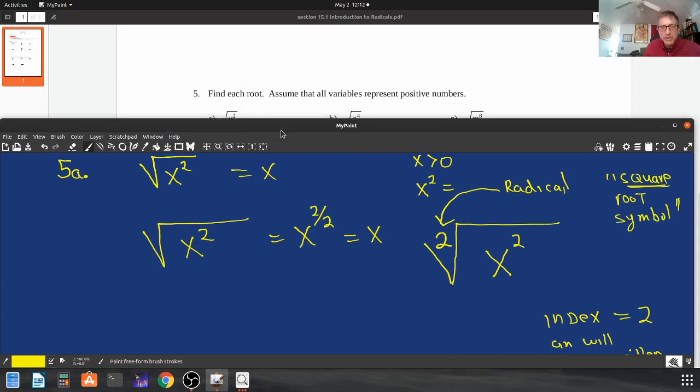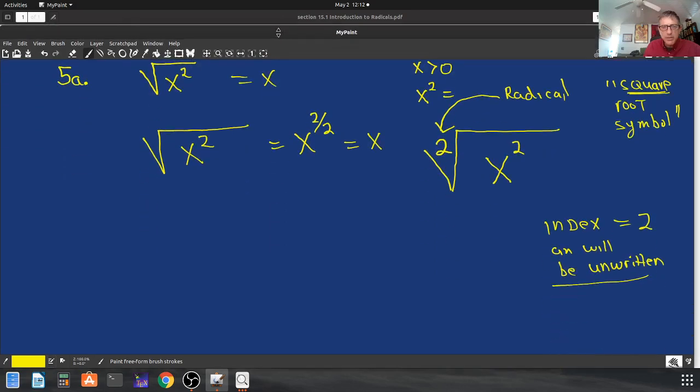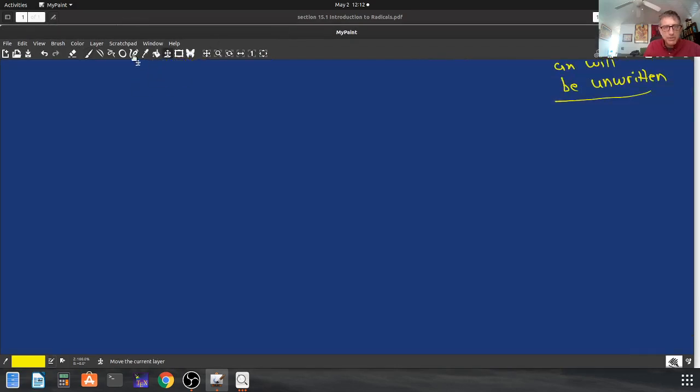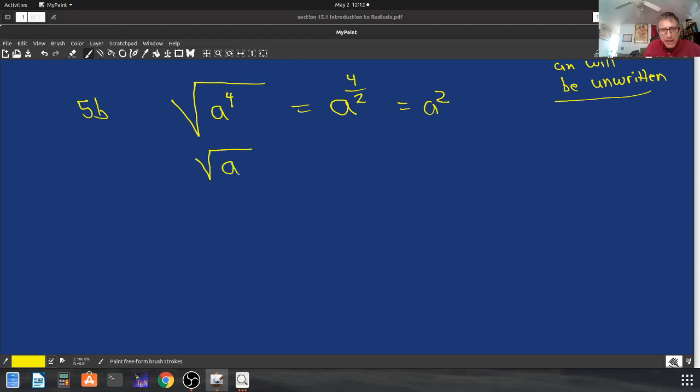The next one we want to do is a to the 4th. So we're going to use that rule. We want to find the square root of a to the 4th. Well, that's going to be equal to a to the 4 divided by 2, which is equal to a squared. So to recap, the square root of a to the 4th is equal to a squared.